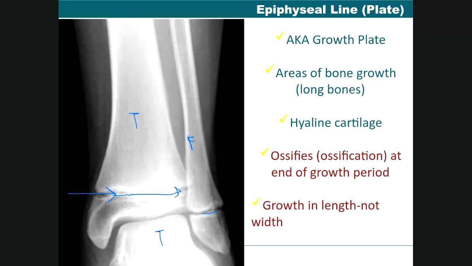So when we see this on an x-ray, we know this is a child or the bone is still growing in length. Once the child matures, this line will form a plate, and this indicates growth in length, not in width.